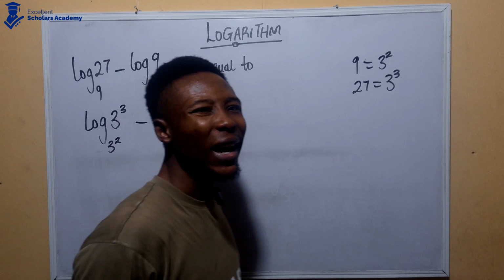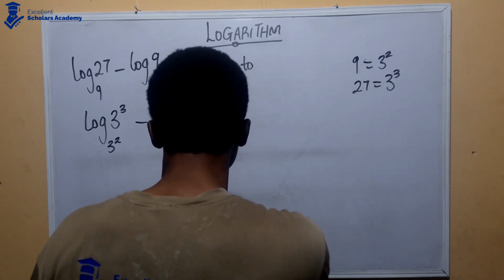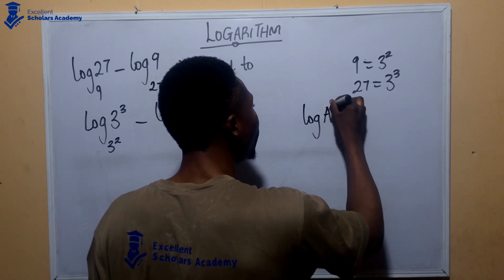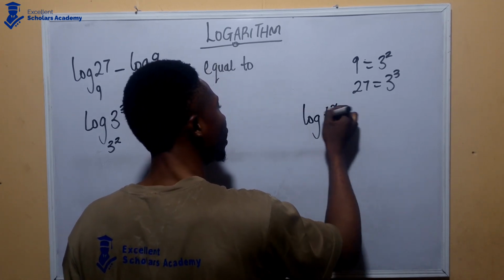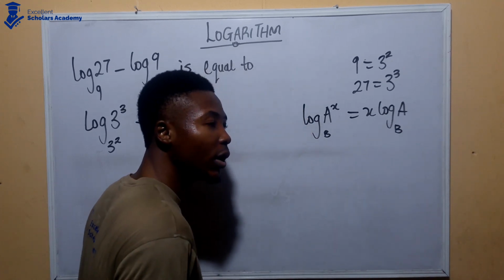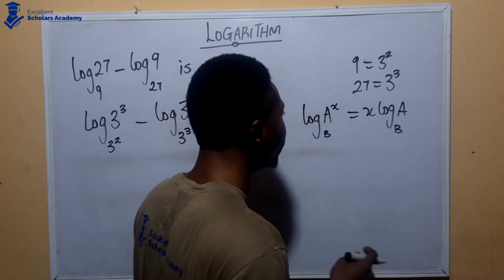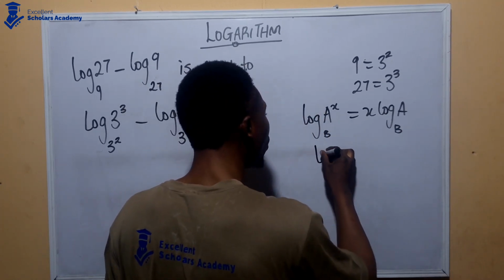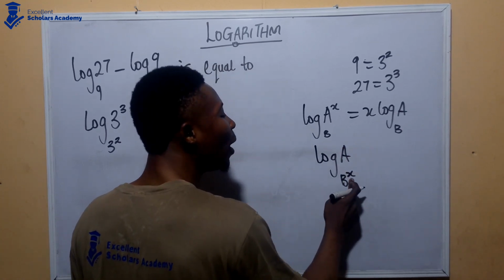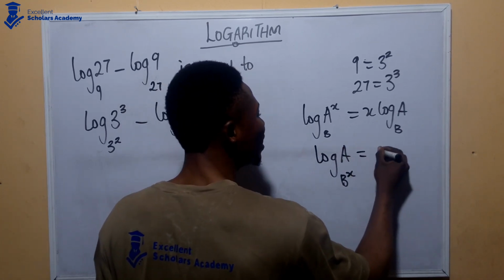Now we're going to apply two laws of logarithm in this question. Remember the law that says if you have log a to the power of x base b, the power comes behind and it becomes x log a base b. There's also a law of logarithm that says if you have log a base b to the power of x, the power of this base can come behind as an inverse.